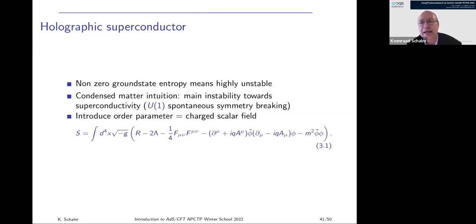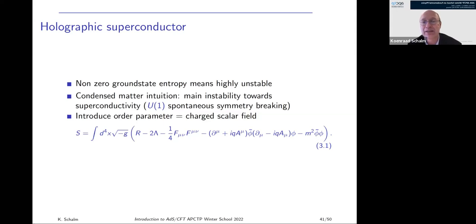Superconductivity in condensed matter language is just a spontaneous symmetry breaking of U(1). And that seems not entirely strange, because remember, it's precisely the finite density, or the introduction of a U(1) charge, that creates this zero ground state entropy. So somehow or another, you expect that the instability is in this U(1) sector itself.